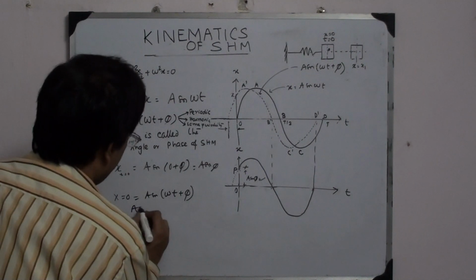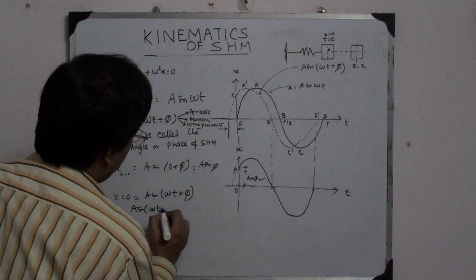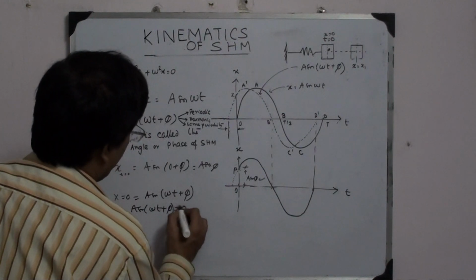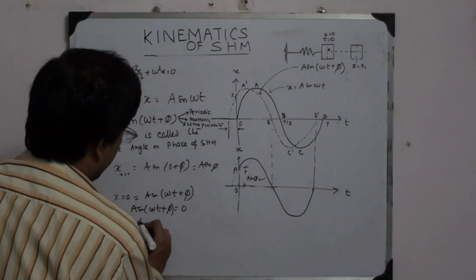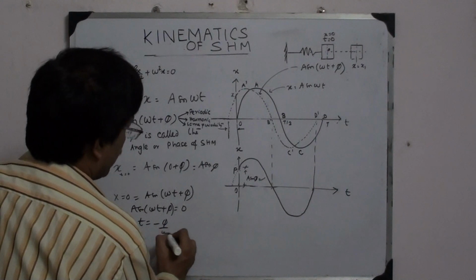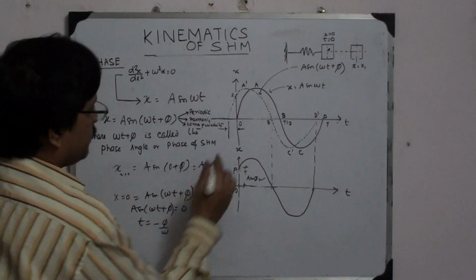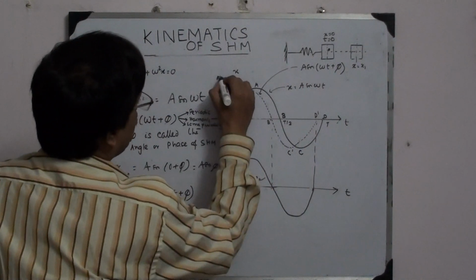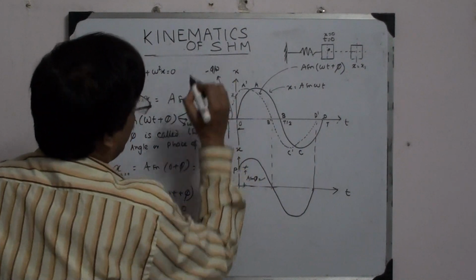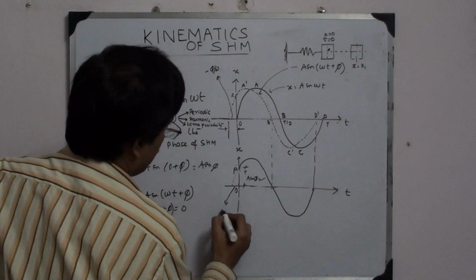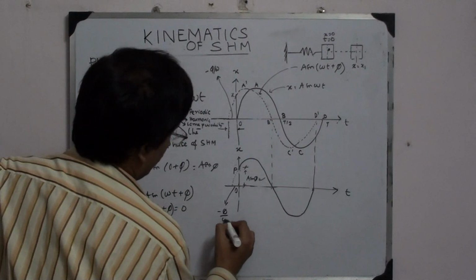So you put a sin omega t plus phi is equal to 0. That will indicate t is equal to minus phi by omega. So it is shifted to the left because this is a negative sign, and this amount is minus phi by omega.